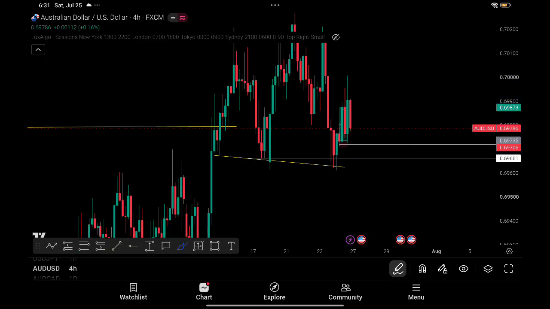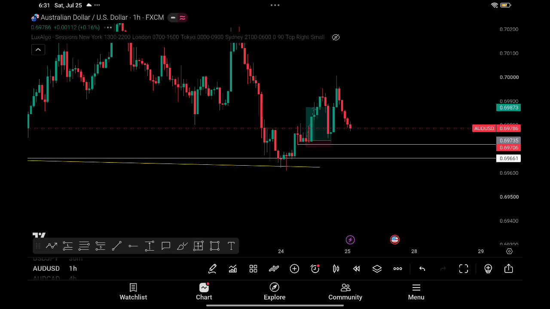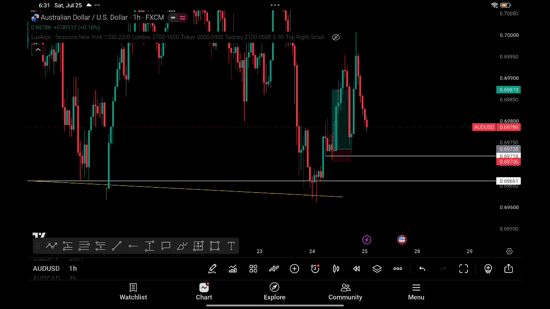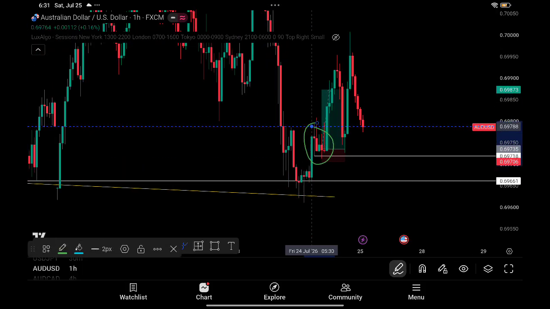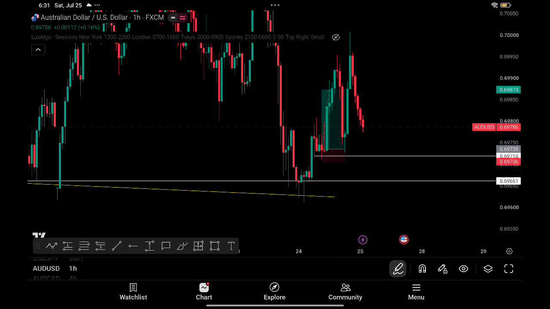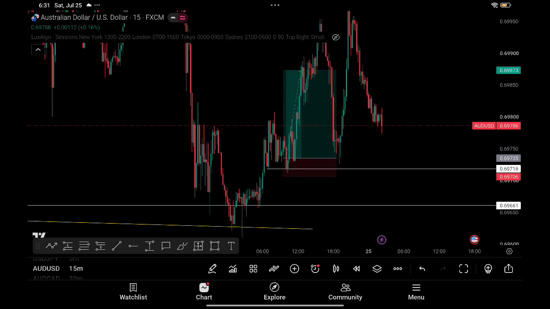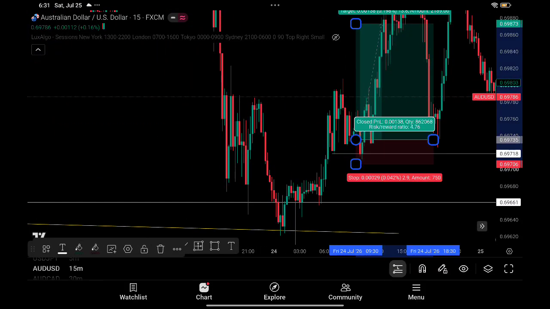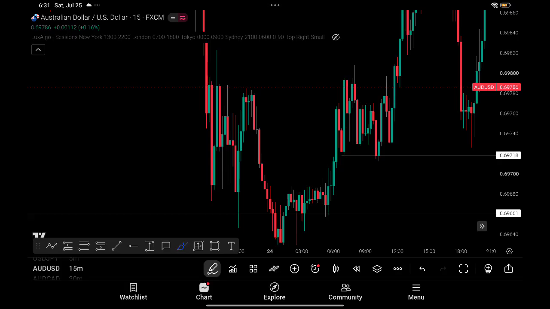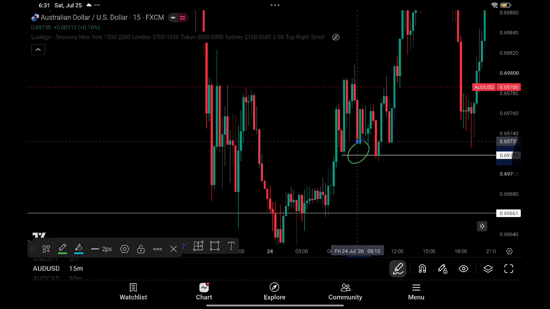Just right after this 4 hour confirmation candle, I moved down to the 1 hour time frame, and once I started seeing those doji candles, I moved down again to the 50-minute time frame, and then I took this trade right up there. As you can see here, there is the main value point, and before that we also have a gap.